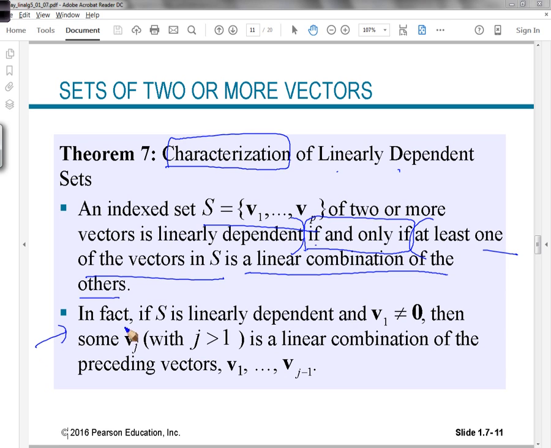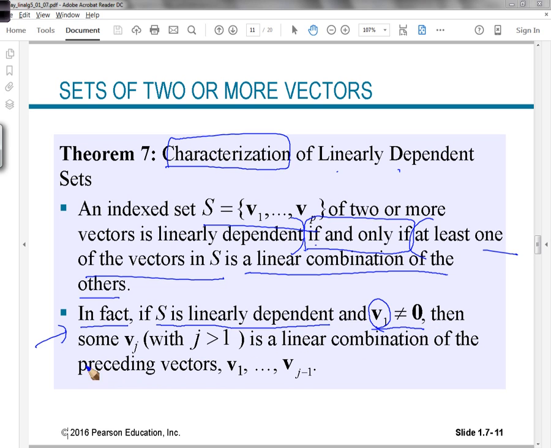Then let's look at the second bullet. In fact, if S is linearly dependent, and then somehow this guy is kind of an important part. Our first vector v1 is a non-zero vector, okay?